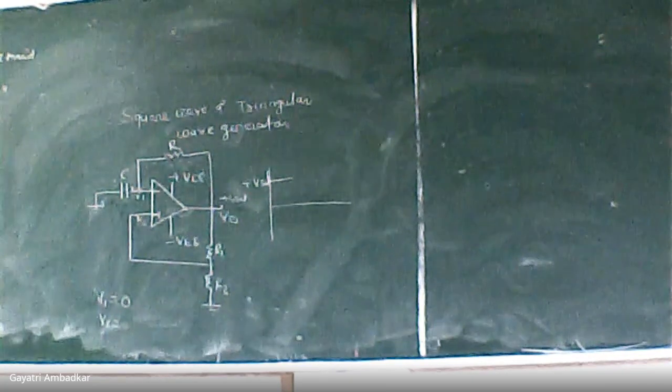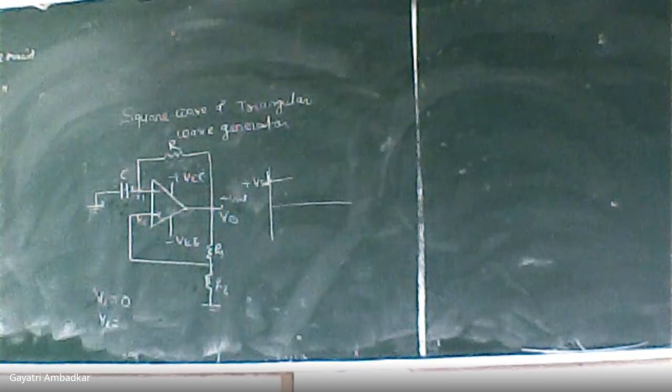The capacitor will start discharging, and voltage Vc will slowly reduce. When it starts reducing, a stage will come that it will reduce below V2. And now V2 is greater. What will happen? Output is switched to plus Vsat.